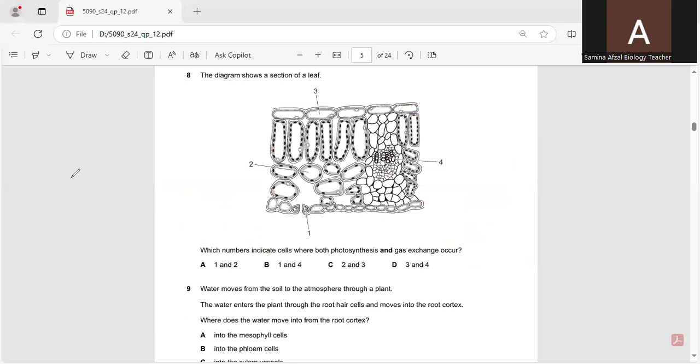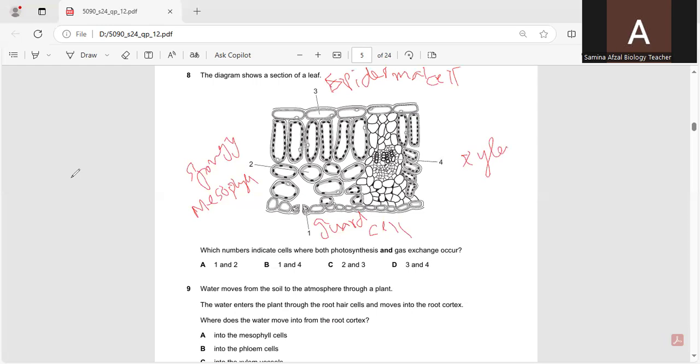Part number 1 is guard cells, 2 is spongy mesophyll, 3 is epidermal cell, and 4 is xylem.